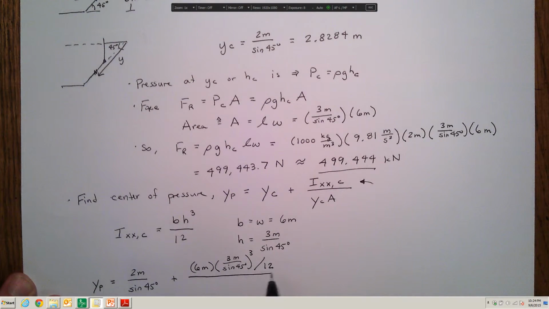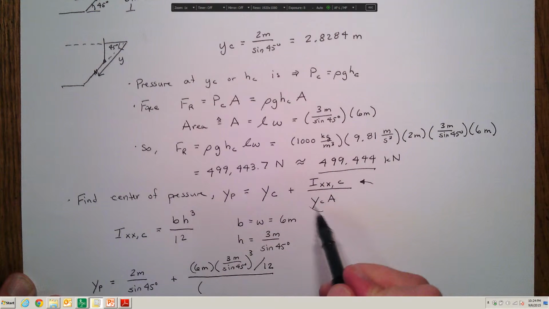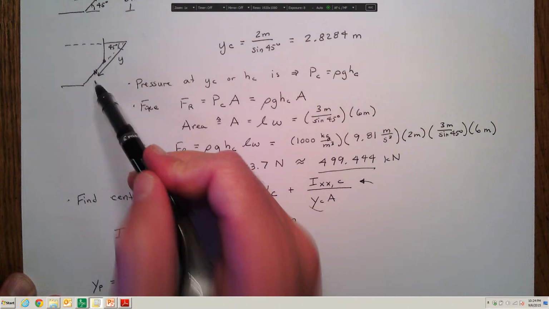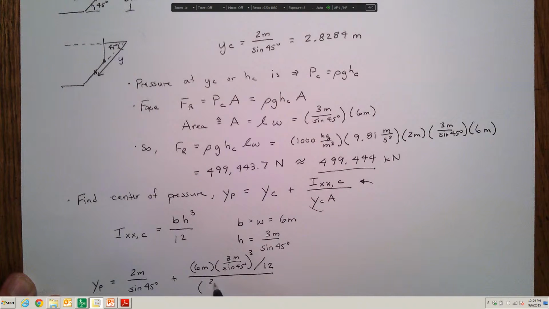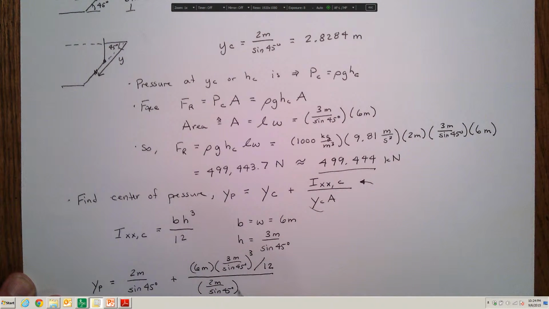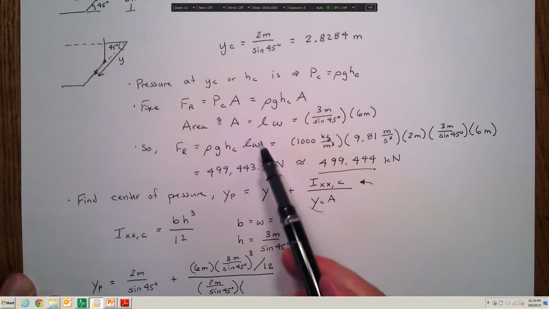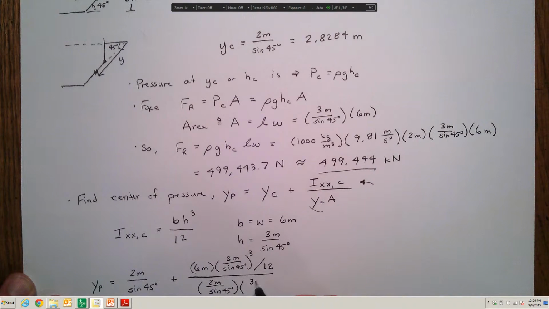Then I divide that by the location of the centroid along the y-axis again, which is 2 meters divided by the sine of 45 degrees, multiplied by our area, which we determined up here to be 3 meters times the sine of 45 degrees, multiplied by 6 meters.